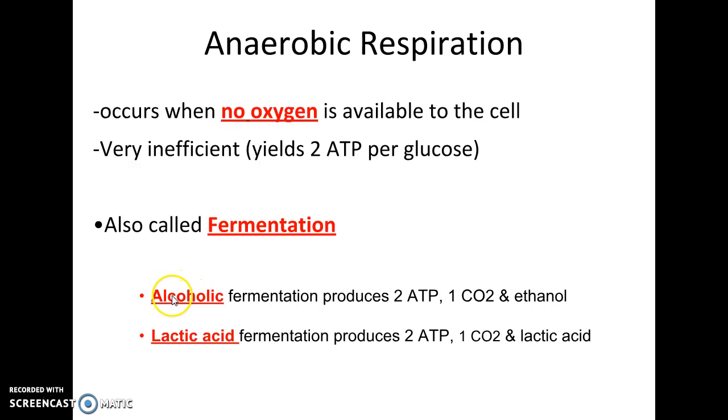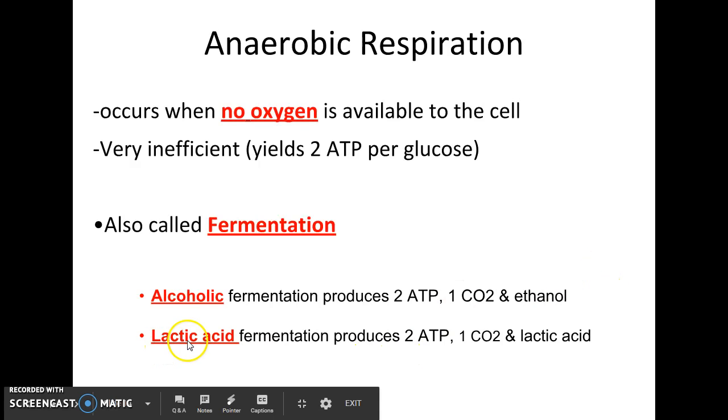Now, with alcoholic fermentation, 2 ATP molecules get produced per glucose, and then carbon dioxide and also ethanol get produced, so alcohol. And of course, we use this to make beer and wine and other food products.